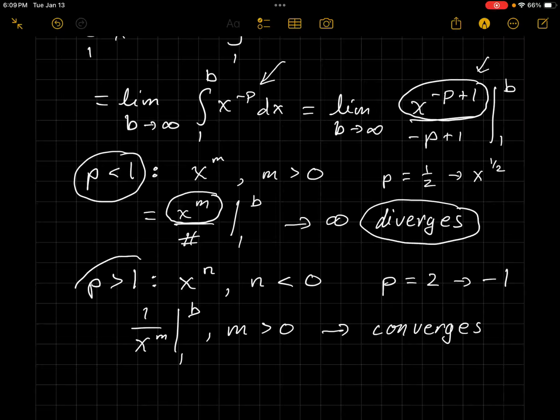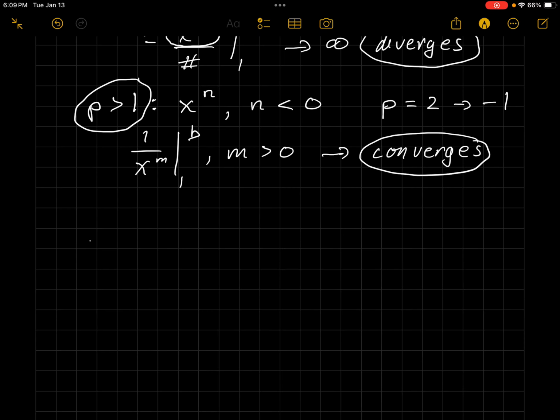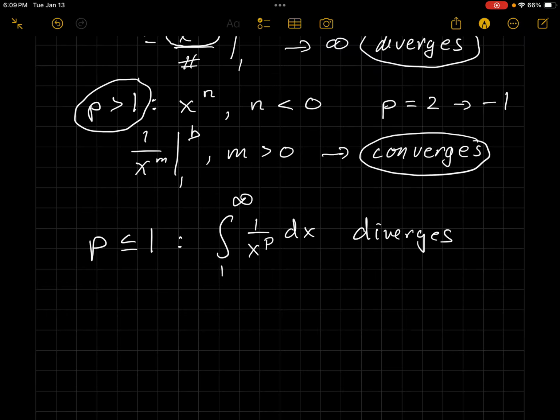If the original power is greater than 1, we will end up with 1 over x to a positive power. So when we plug in infinity, we will get 1 over infinity, which goes to 0, which means that the integral converges. So for p less than or equal to 1, remember that 1 was a special case, we get that this integral diverges. But if p is greater than 1, then that same integral converges.